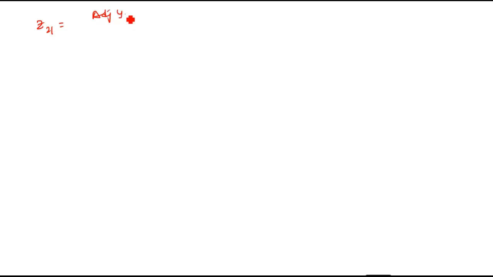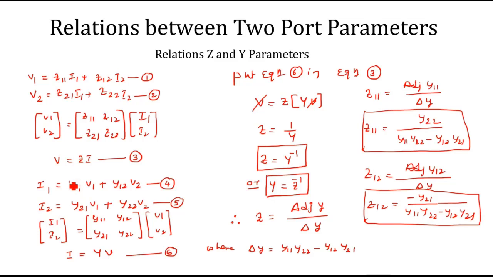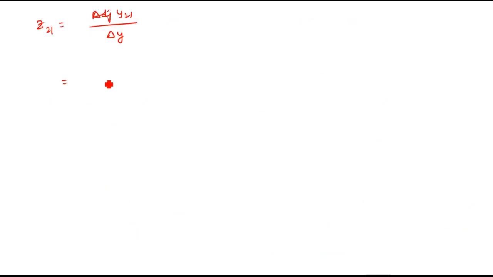It is adjoint of Y21 divided by determinant of Y. Adjoint of Y21 is minus 1 raised to i plus j into Y12. 1 plus 2 is 3, minus 1 raised to 3 is minus 1, so we will get minus Y12 divided by Y11 Y22 minus Y21 into Y12.